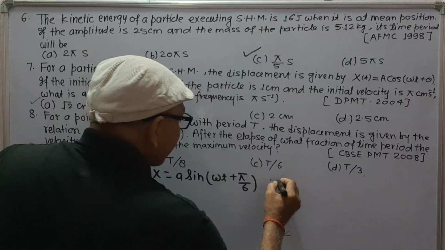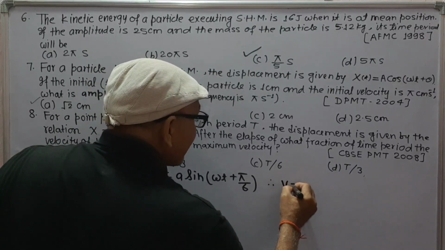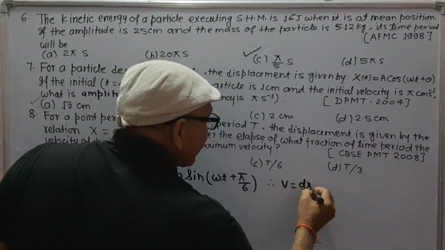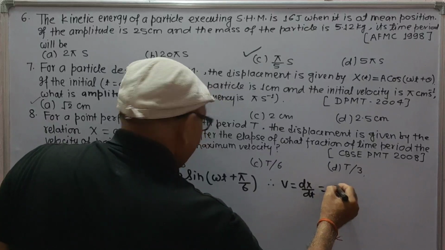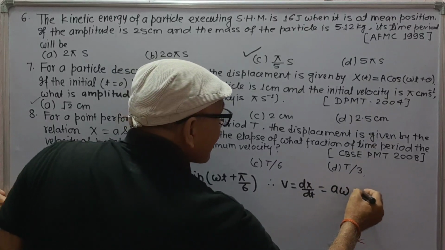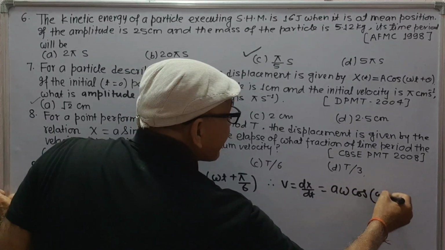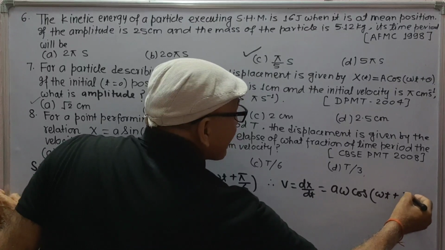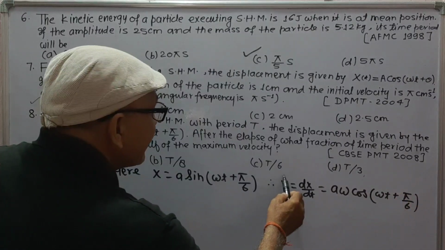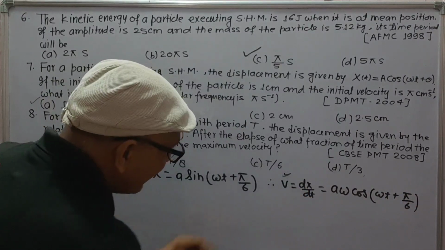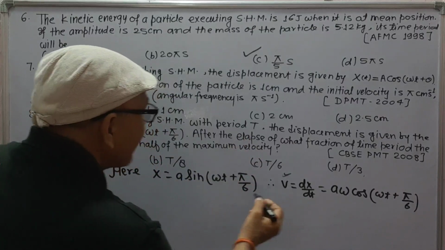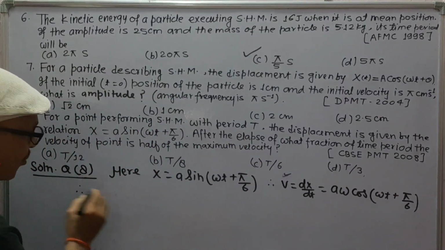Therefore, its velocity will be equal to v is equal to dx upon dt, which is a omega cos (omega t plus pi by 6). Here this velocity is given to be v max upon 2.